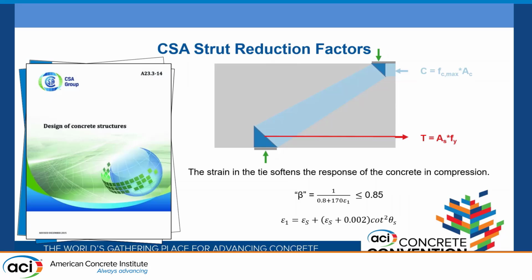The Canadian code does have some guidance on how to design for these members. This is the Canadian code for steel reinforced structures, A23, and it is pretty similar to the ACI code, except the beta factor that was a discrete value based on whether you had a CCT node or a CCC node, or whether your strut was in a compression zone or an area of tension, is now related to compression softening through this equation here.